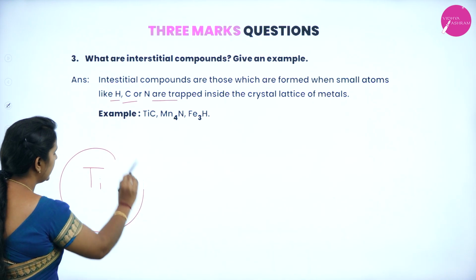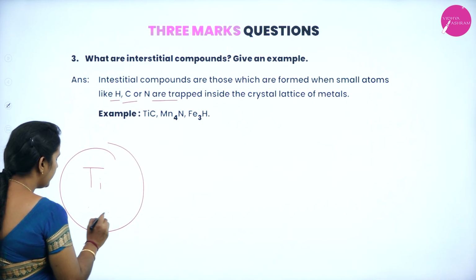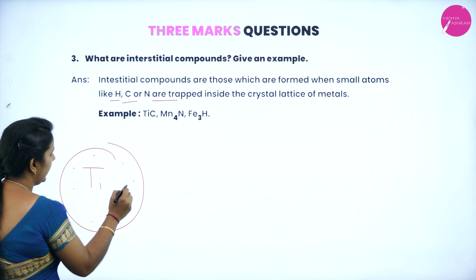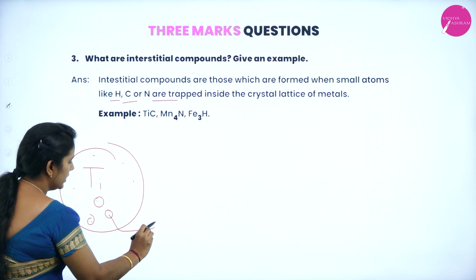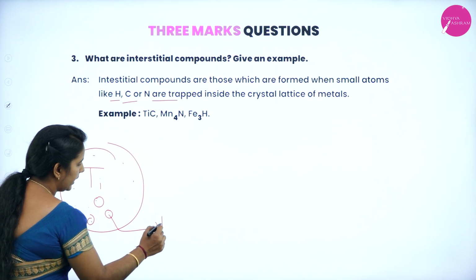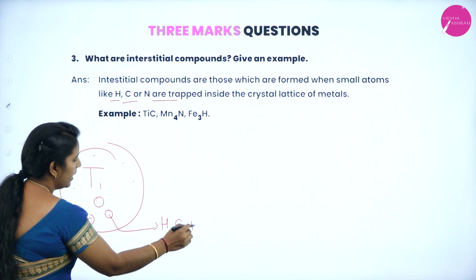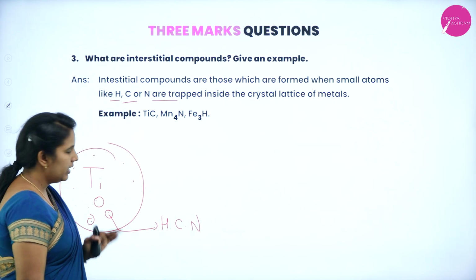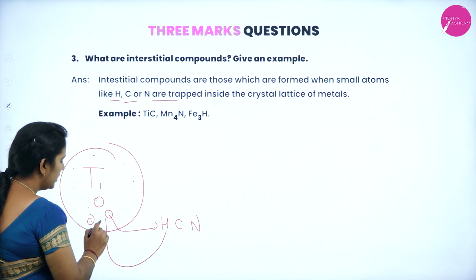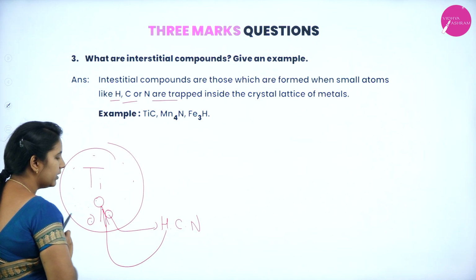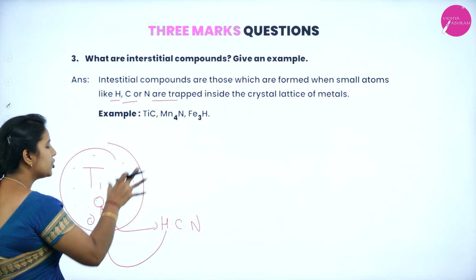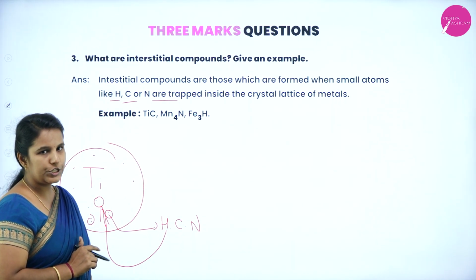In titanium metal, if some vacancy has been created, this vacancy gets trapped by some small atoms like hydrogen, carbon as well as nitrogen. If these vacant sites or interstitial sites get occupied by smaller atoms, such compounds are said to be interstitial compounds.